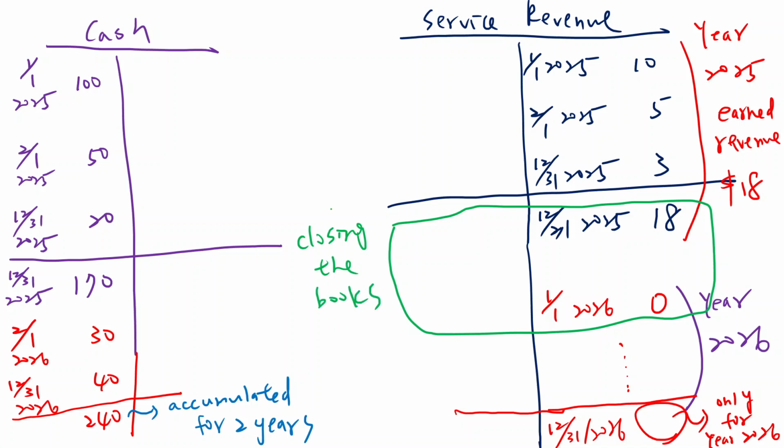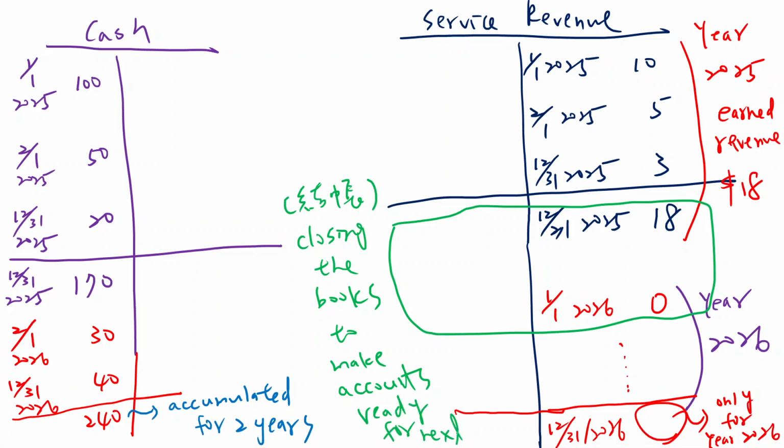结账, for what? To make accounts ready for next year. Okay? So we need to make this account become 0.